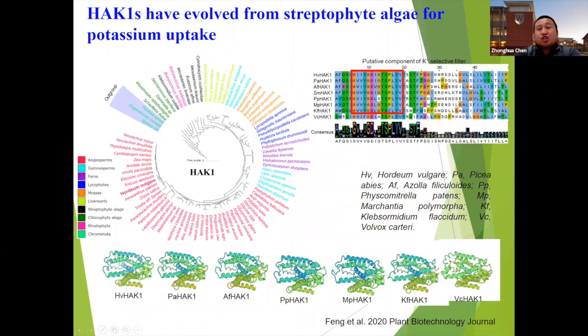And HAK is a K transporter, co-transporter, but the typical component of the K-selective filter is also identified. You can see this GYGD is available across the major lineages of plant species, and also exists in the basal range of streptophyte algae. Here is Klebsormidium flaccidum, one of the basal species, and one of the species that has a genome sequence.